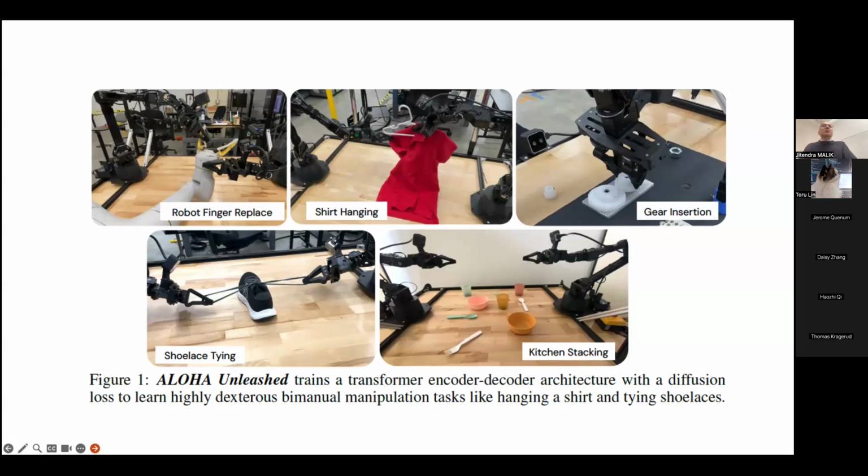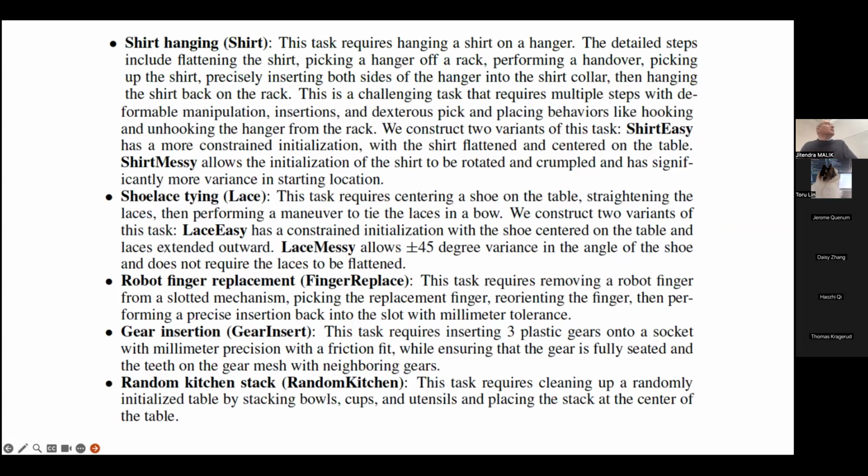Big picture, you're going to have lots of demonstrations collected from workers, and then you'll take those trajectories, put them into a diffusion framework, and train it. Here is more details on the task. Shirt hanging.